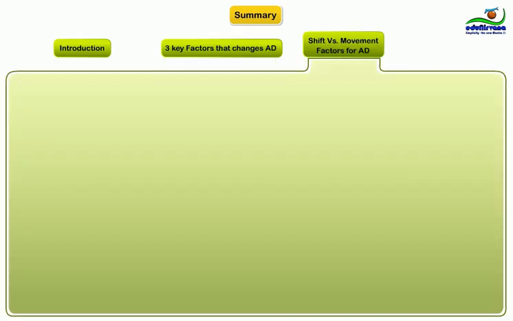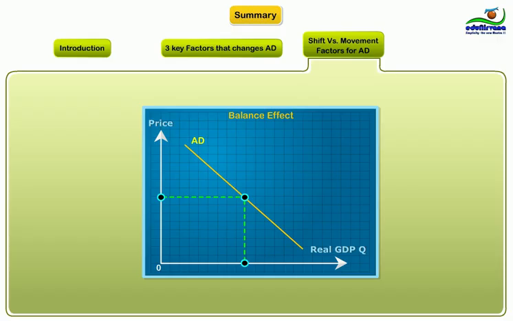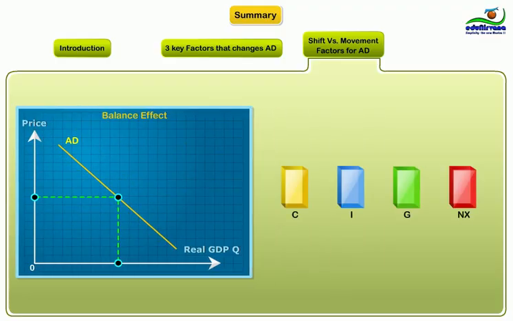Then, the shift versus movement factors for aggregate demand were revisited. It was discussed that when the spending on a country's goods and services changes, the aggregate demand curve shifts accordingly. Four major spending components have been identified. They are consumption, investment, government purchases, and net exports.